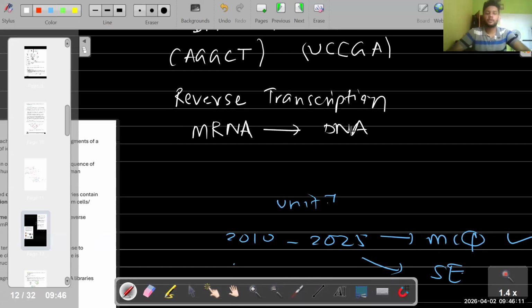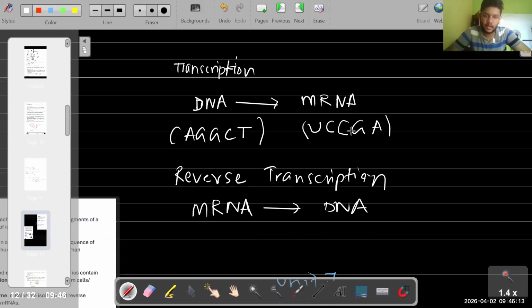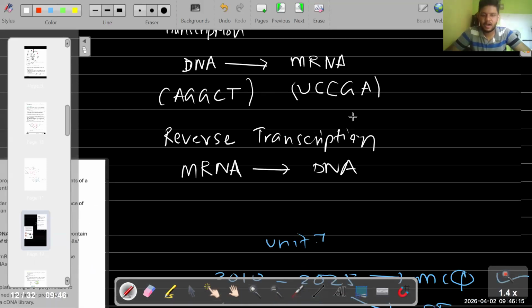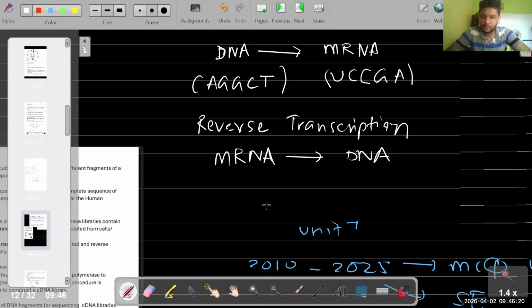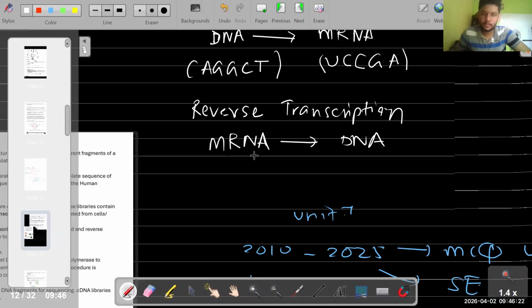Now you might ask, okay, there we understood that RNA polymerase is coming and functioning. But here, how is mRNA converted to DNA? Here also, there is an enzyme that is contributing. That enzyme is called reverse transcriptase.